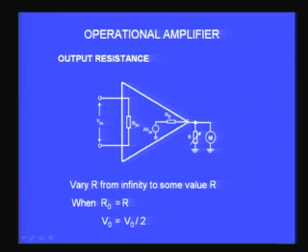Now, on the output side, what you have is a voltage source which is actually having a value of A into V in, where V in is the voltage that is impressed between the two input terminals. A is the voltage gain. In this case, if no feedback is there, it becomes AOL, the gain with open loop condition.